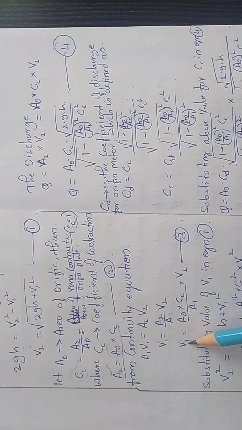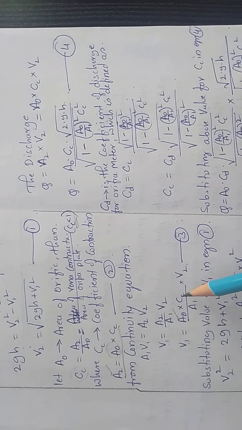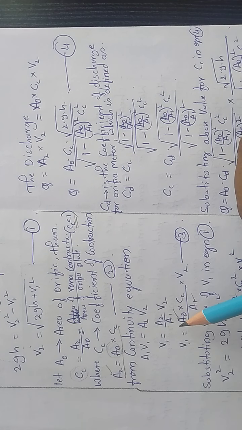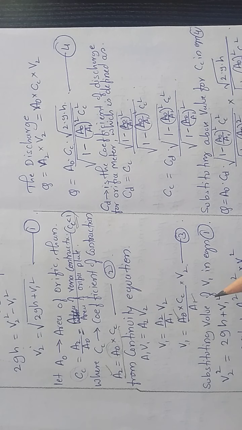So we will get the inlet velocity V1 in terms of the area of the orifice plate and the area of the pipe. We will be knowing the diameter of the orifice plate and the diameter of the pipe, so we are expressing all this in terms of the diameter of the pipe and the diameter of the orifice, because those things are known.